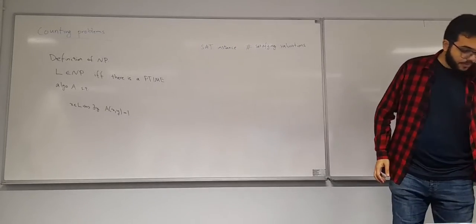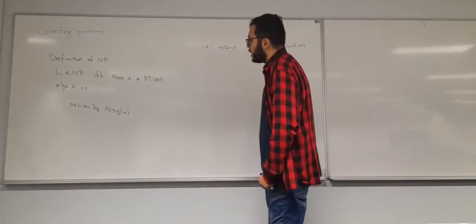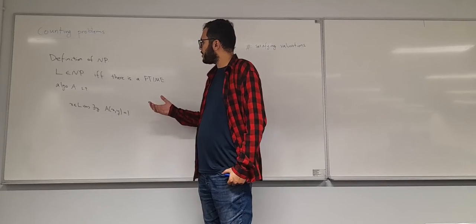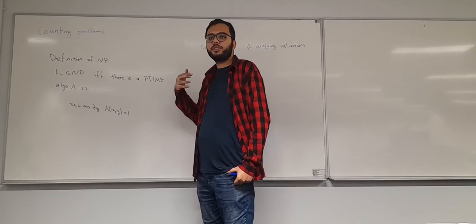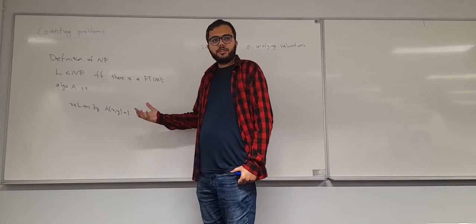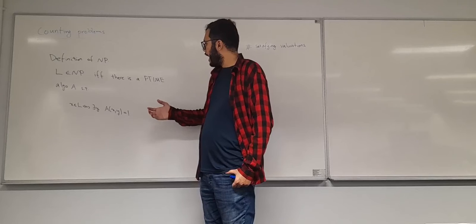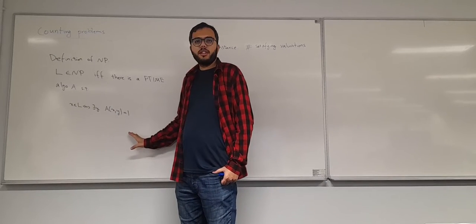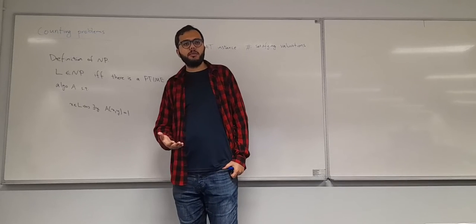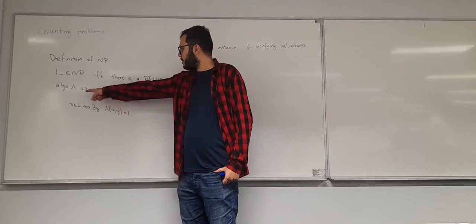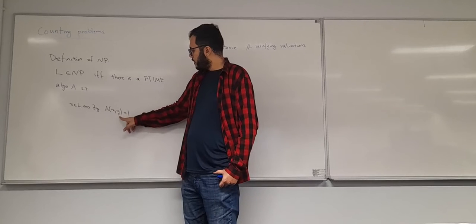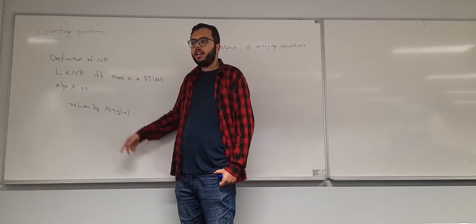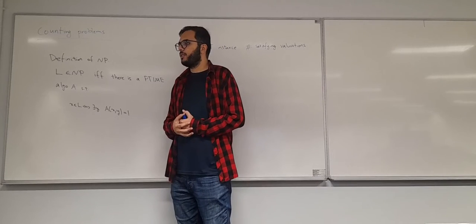So let's say at first we want to consider the most general case of the problem. I'm giving you some algorithm A that satisfies these properties. Instead of actually giving you the problem, I'm giving you this algorithm that verifies whether Y is a valid certificate for X. And then I ask you to solve the counting problem.